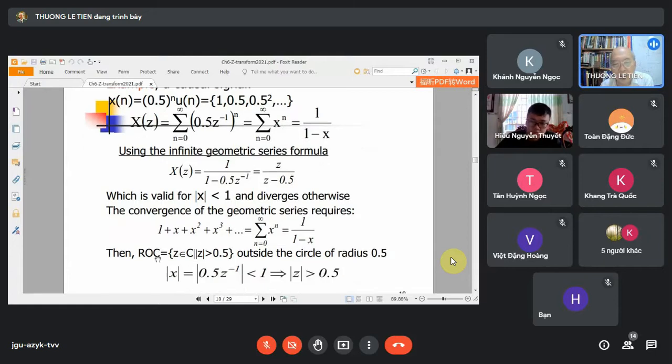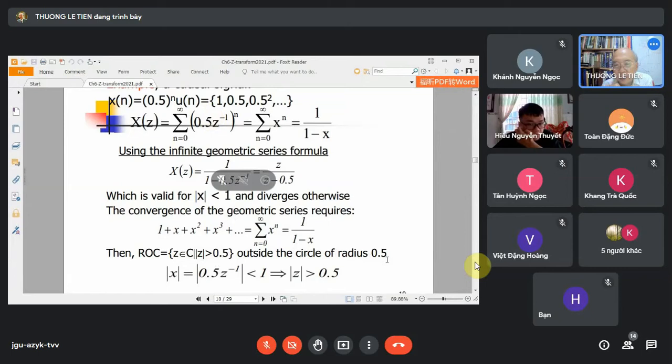Then, with the condition that the magnitude should be smaller than 1, corresponding to this, because we are working in the complex plane, the result is magnitude of Z greater than 0.5 in this case, because it equals 0.5 Z power of minus 1. So this means outside the circle of radius 0.5.